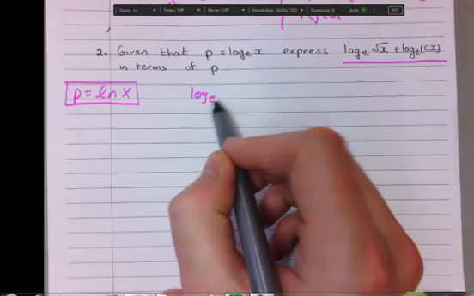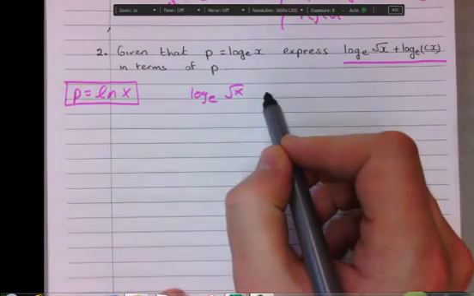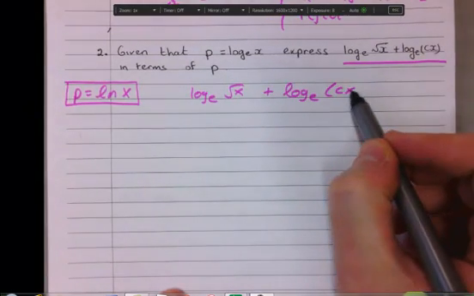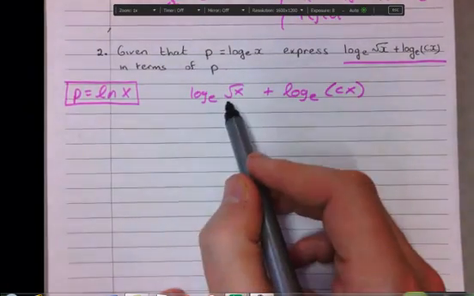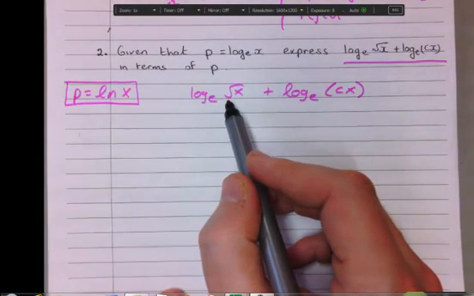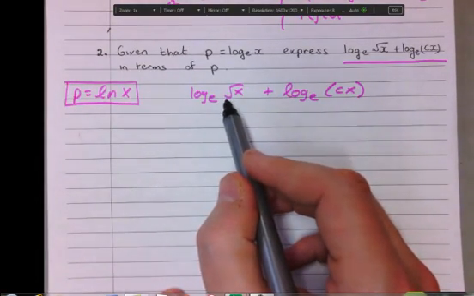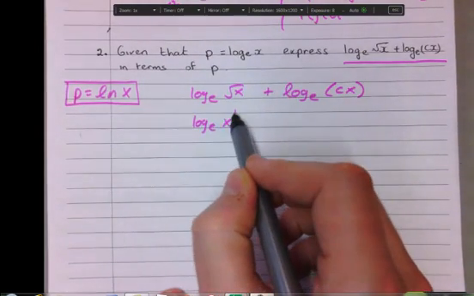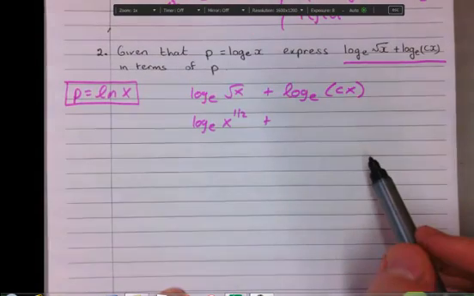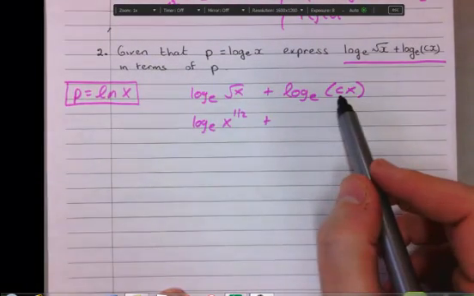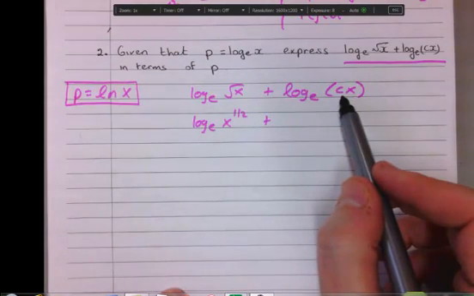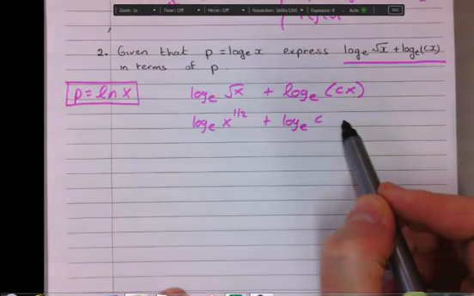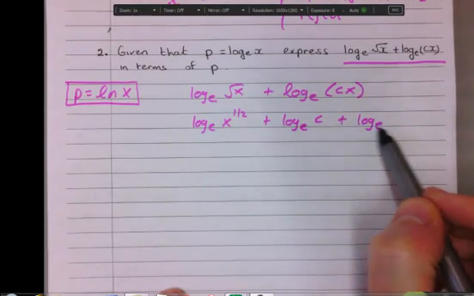So I've got log to the base e of root x plus log to the base e of cx. First thing I'm going to do, I'm going to use one of my rules of indices: root x means it's to the power of a half, so log e of x to a half plus, and this c and x, well they're being multiplied, so I can reverse one of my rules of logs and say log e of c plus log e of x.